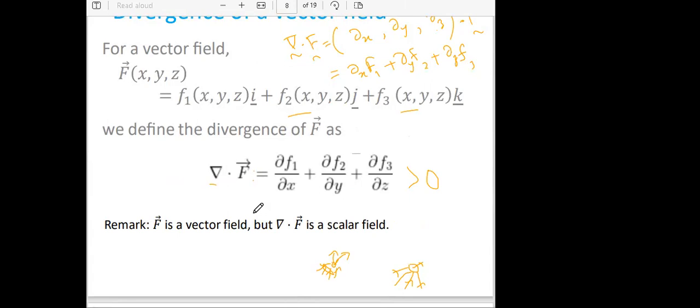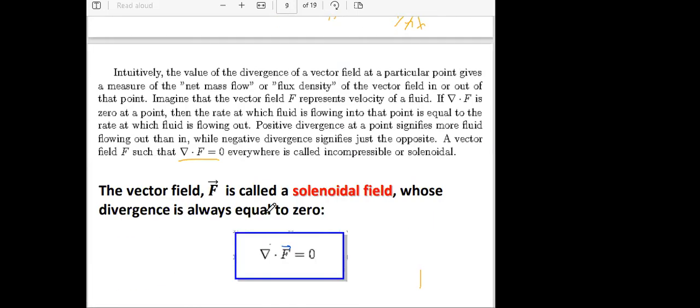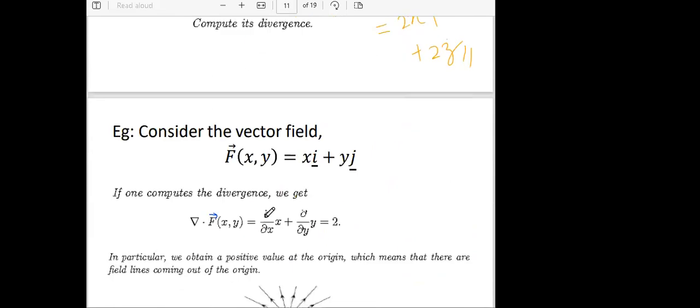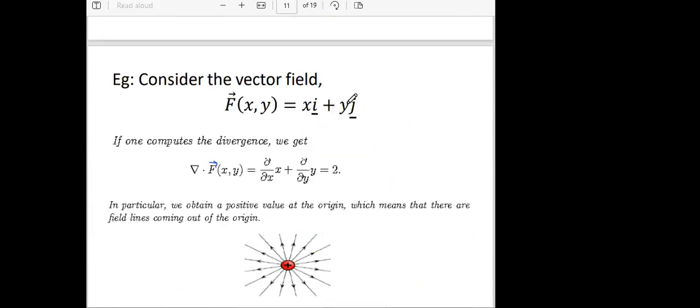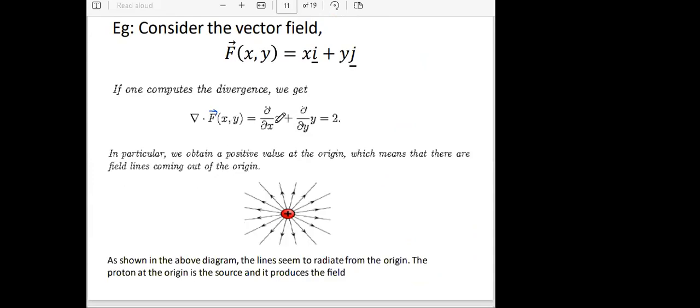If you look at this example here, if you compute the divergence of this vector field at any point x comma y, what do you get? A constant, positive value.